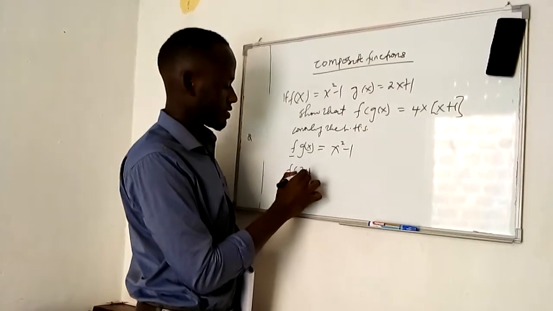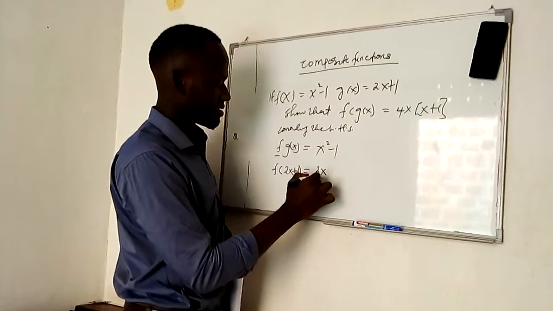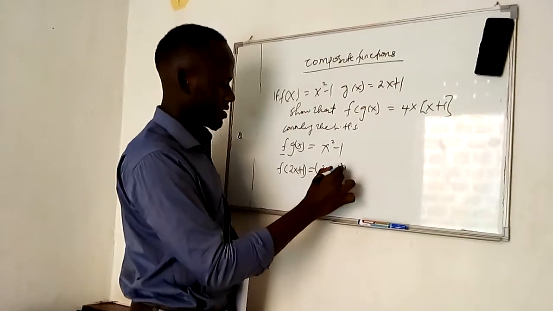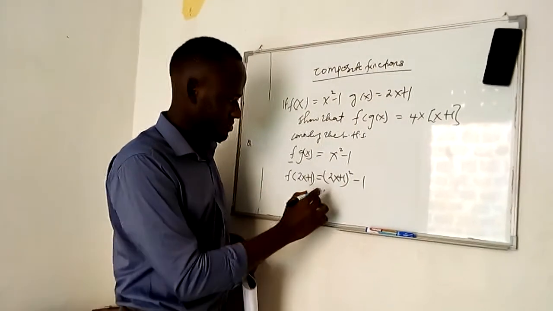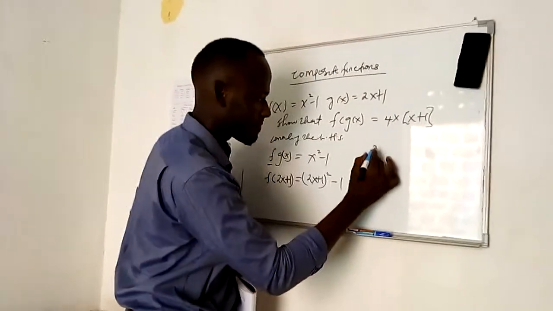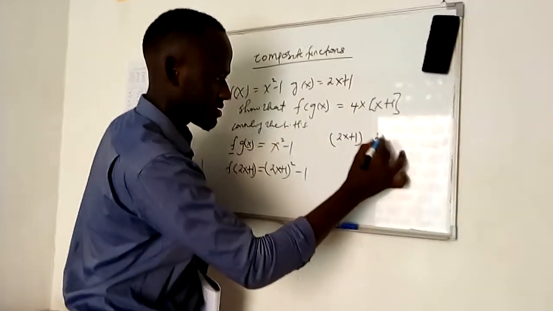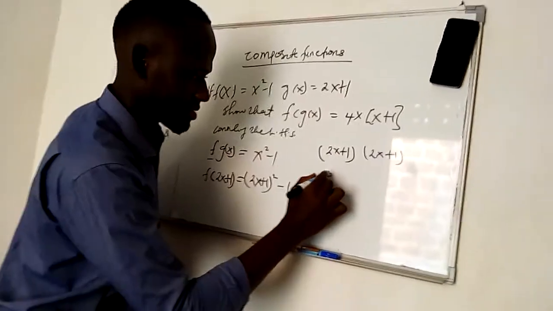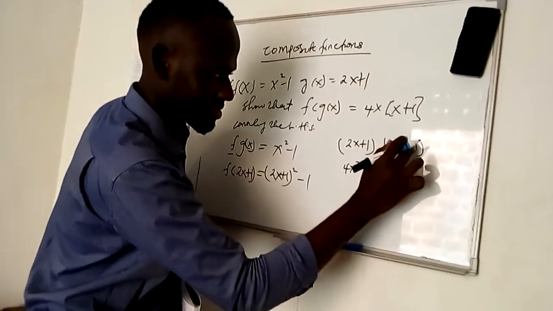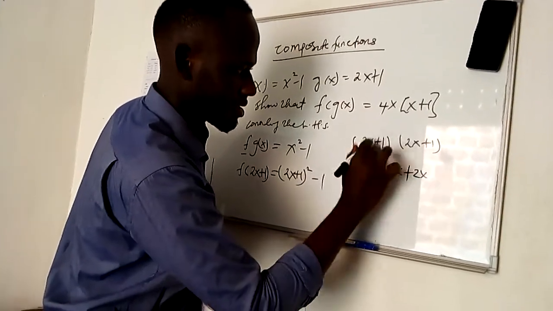This 2x plus 1 will be equal to, we shall expand this, 2x plus 1 squared minus 1. So when you expand this now, let us go step by step such that you can all understand in your capacities. 2x plus 1 times 2x plus 1: 2x times 2x will become 4x squared, 2x times 1 will become 2x, 1 times 2x will become 2x, and 1.